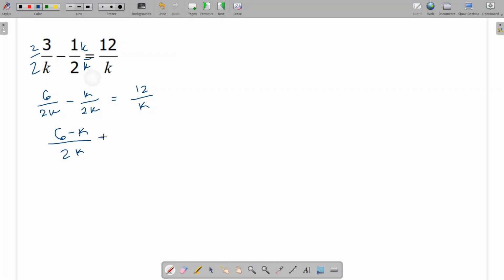Okay, but if I want a common denominator, I'm going to need to multiply this right side of my equation by 2. Oh, 24 should really be here. And now I'm in a position where I can set my numerators equal to one another and solve.